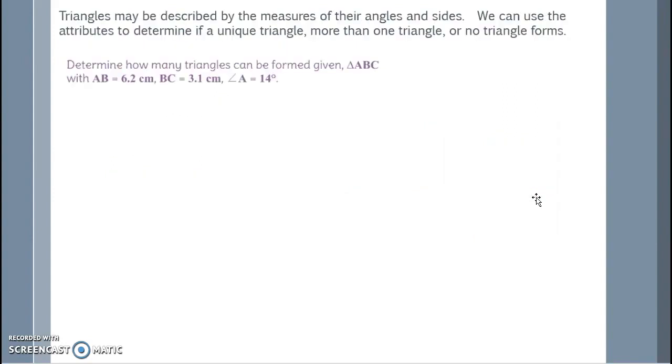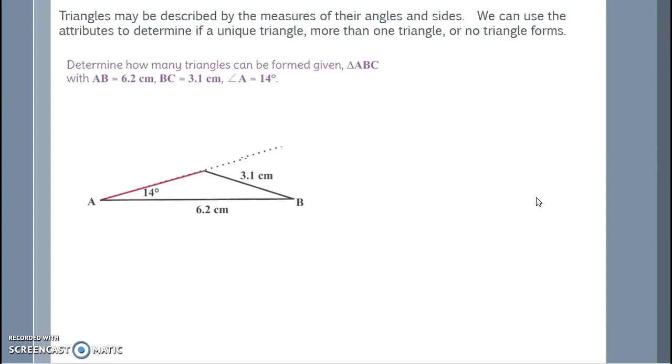Determine how many triangles can be formed given triangle ABC with length AB of 6 2/10 centimeters, BC is 3 1/10 centimeter, and angle A is equal to 14 degrees. So I'm going to lay down a line AB and measure out 6.2 centimeters. Then I will create angle A using 14 degrees with my protractor.